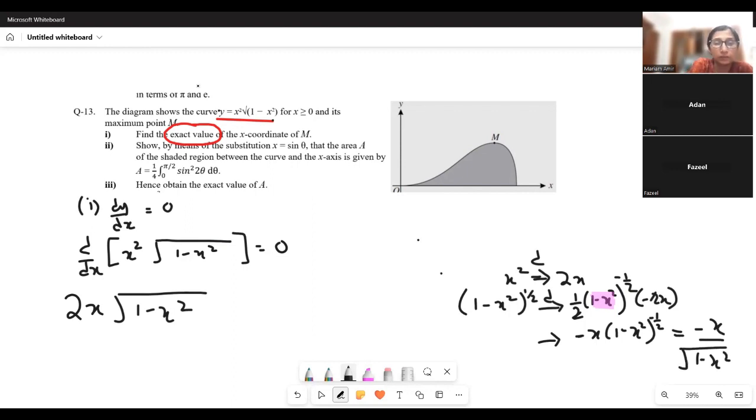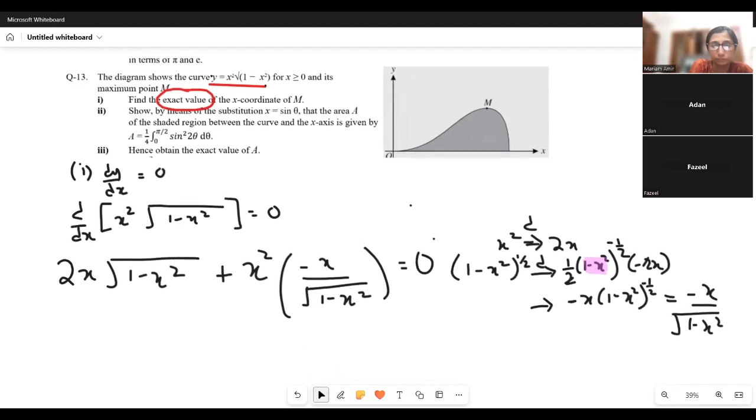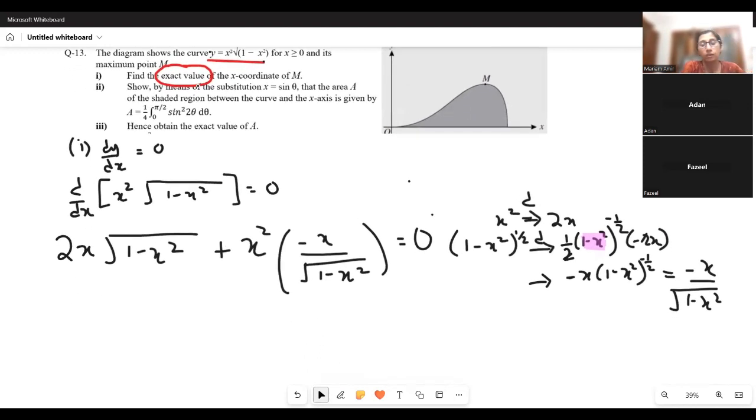Okay. Then there's a plus sign in between. X square gets multiplied with the derivative of square root of 1 minus x square, which we've seen is minus x upon square root 1 minus x square and equated to 0. So we can take x common to simplify things.